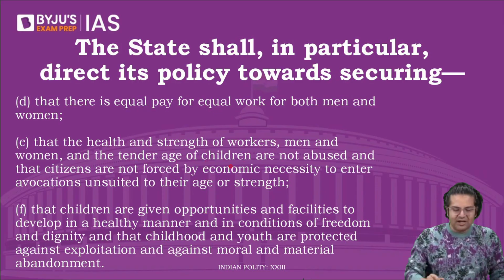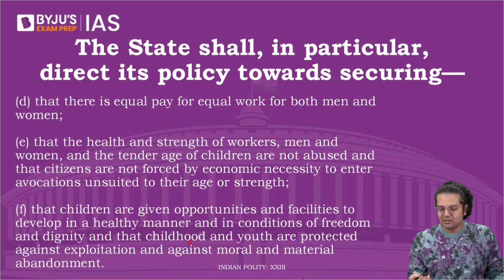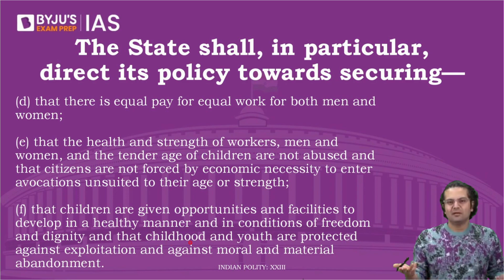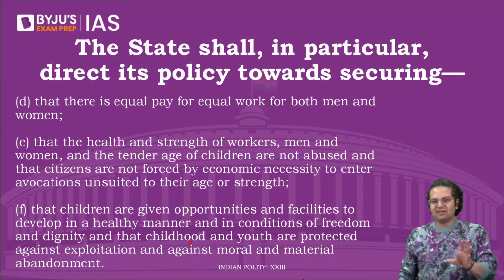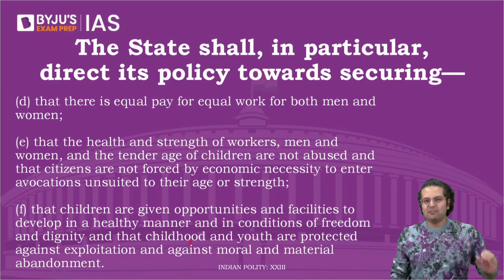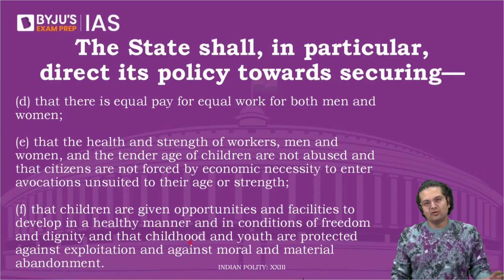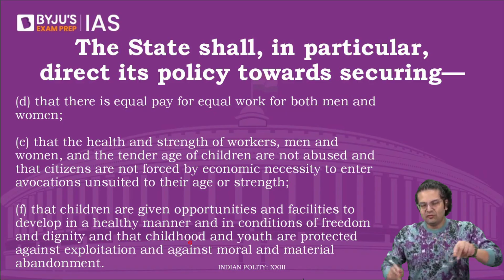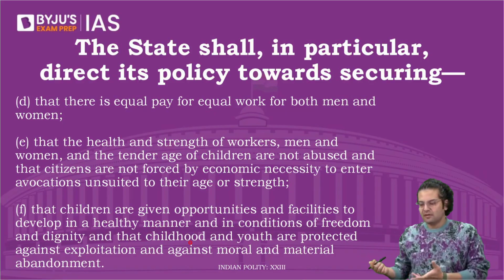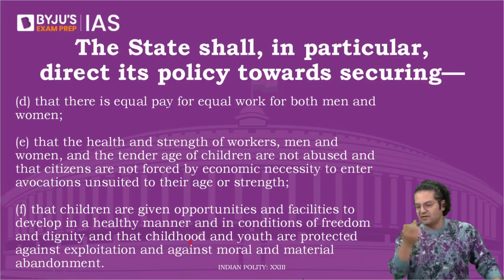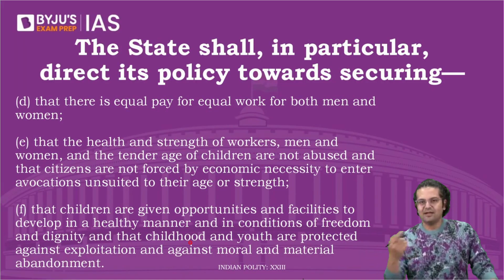Childhood and youth are protected against exploitation. Same things. It is like one UPSC aspirant who has been given a 15 marks question. He knows only 2 points, but he has to fill up 250 words. Same 2 points in different words, again and again.